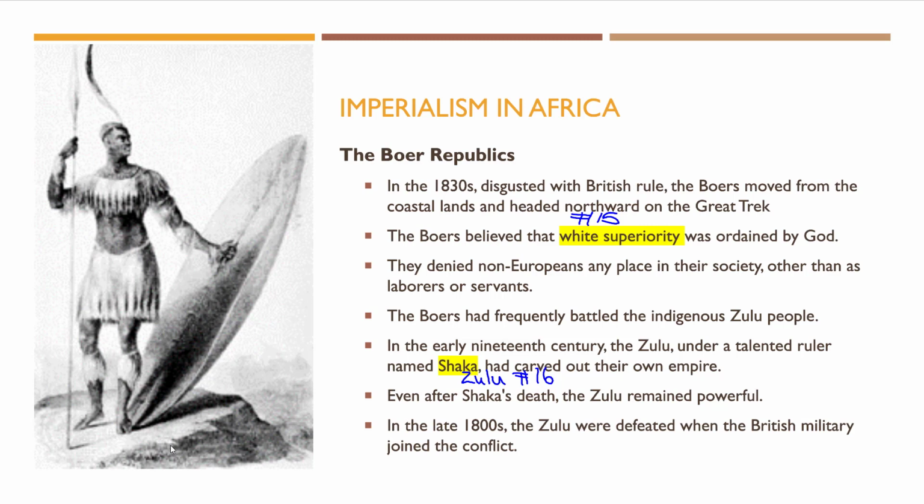Okay, and even up until Shaka's death, the Zulu was still powerful. However, the Zulu nation succumbed somewhat when they were defeated by the British military. Okay, when the British came in and joined the fight along with the Boers, the same Boers that did not like the British coming and colonizing, they joined with the Boers and defeated the Zulu nation in that sense.